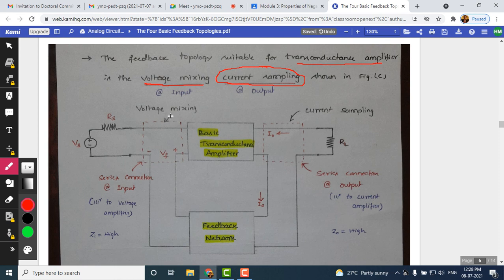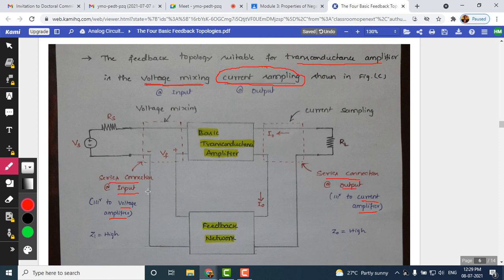In the voltage amplifier also at the input we are doing voltage mixing, and at the output, since we are sampling the current, just look at the current amplifier, where we also do current sampling. Therefore current sampling has to be done in a series fashion. So this is a series connection at the output, and a series connection at the input.